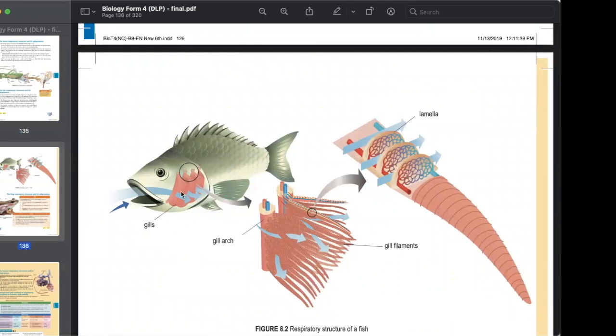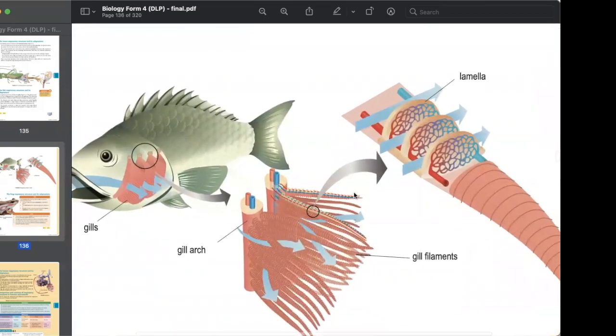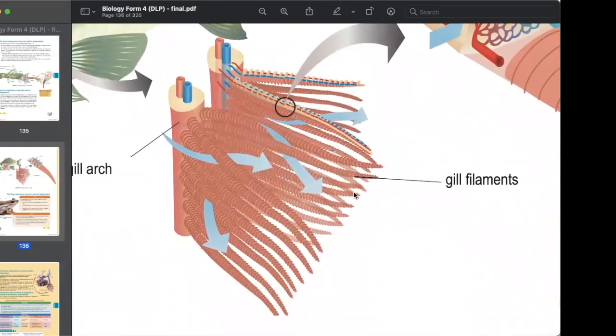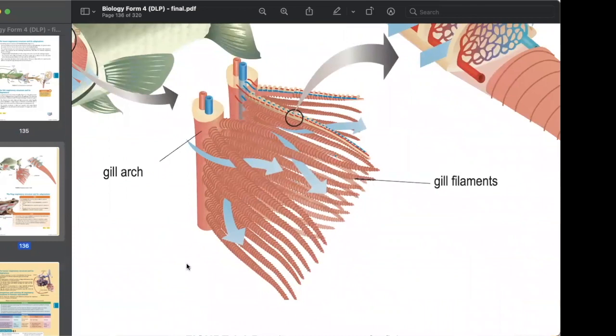So we know that fish will use gill in their respiratory system. So this is gill. If I make it bigger, this is how gill looks like. The whole thing here is called gill, and then we have so many branches like this, and one single branch here is called gill filament.